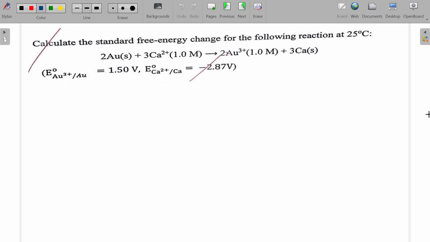This question is asking us to calculate the standard free energy change for the following reaction at 25 degrees Celsius. So here we have 2 gold plus 3 calcium ions, it changes to the products. This one is in aqueous, so instead of just writing aqueous, they wrote that.